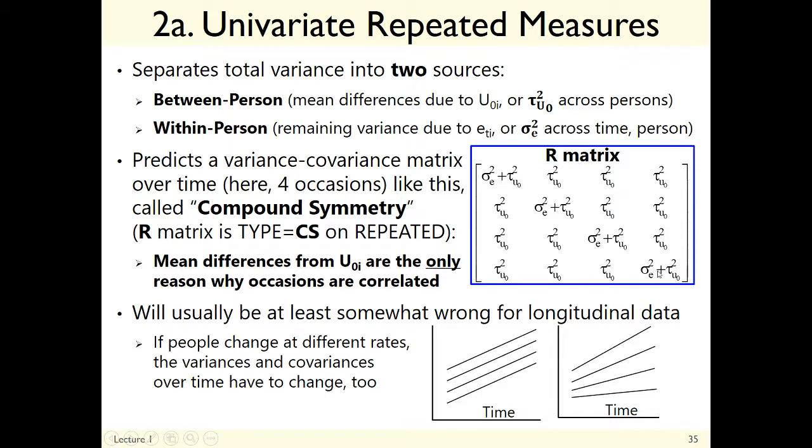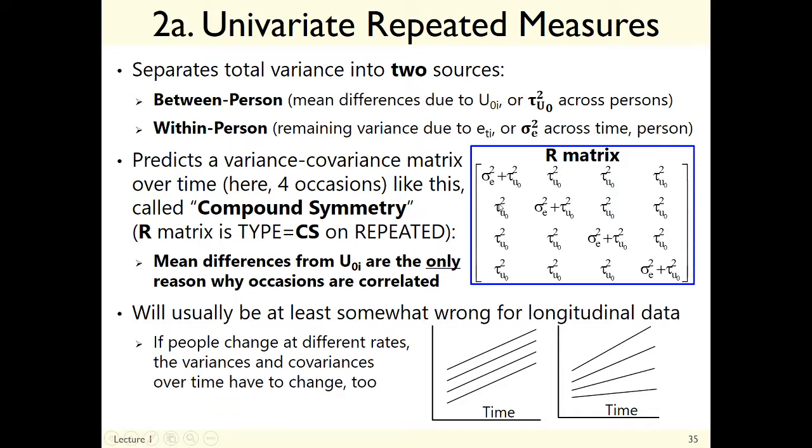Equal variance across all occasions. It also says, and this is more problematic for studies with more than 2 occasions, that the only reason that occasions from the same person are related, the only source of this covariance here, is the random intercept. So the data are independent once you control for mean differences.